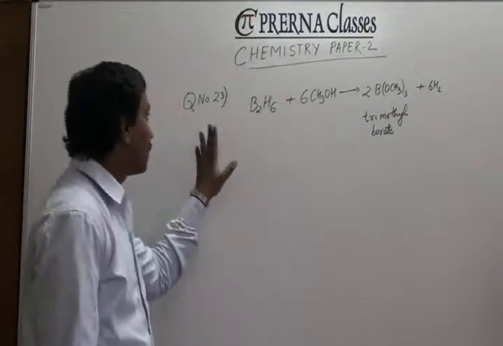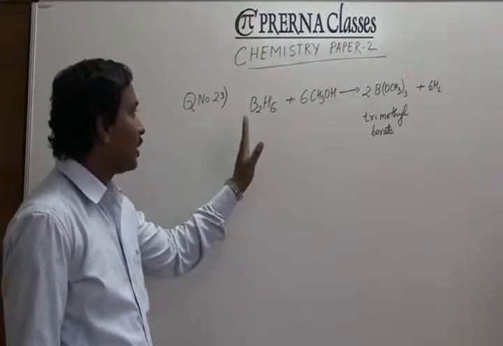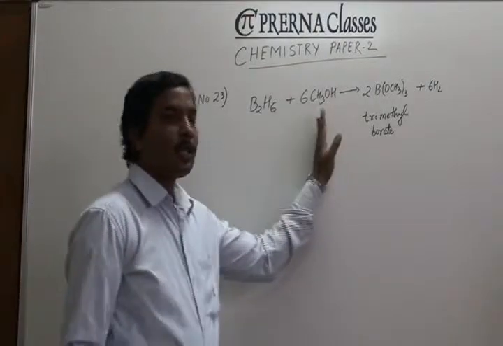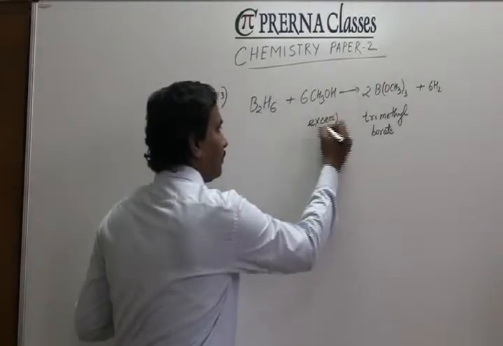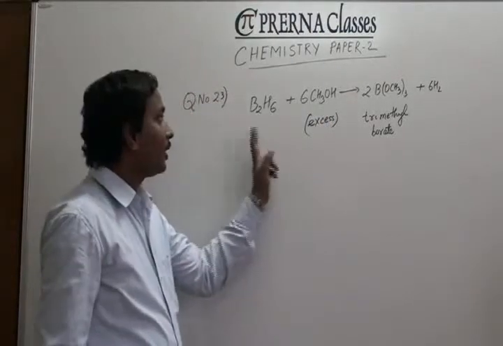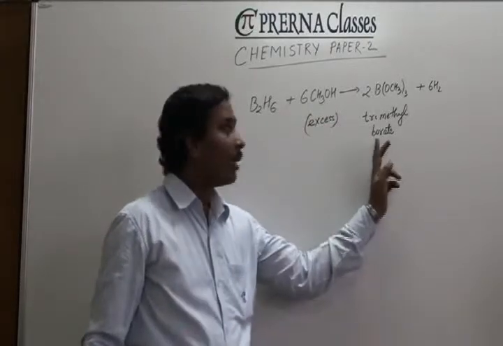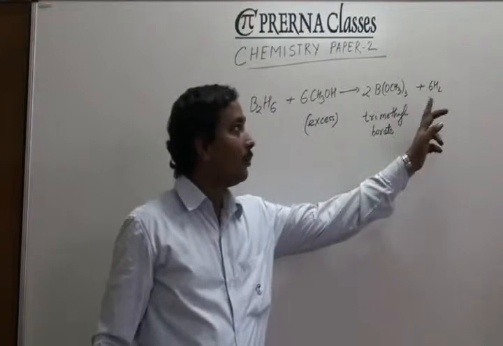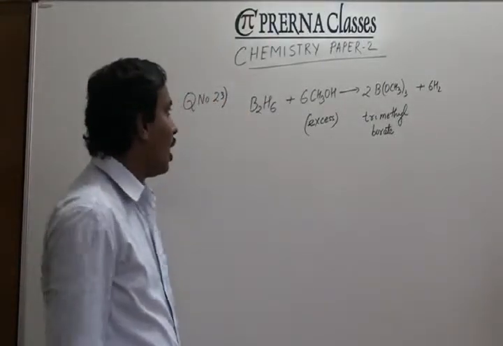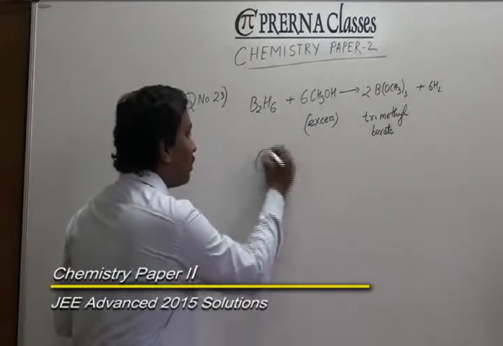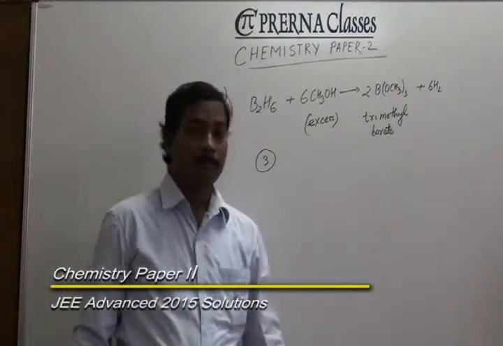Now the next question, question number 23. The given question is B2H6 reacts with excess of methyl alcohol. On reacting with excess of methyl alcohol, B2H6 is converted into trimethyl borate and liberated hydrogen gas. And he asked me to calculate, if 3 moles of B2H6 is present, how many moles of trimethyl borate will form.